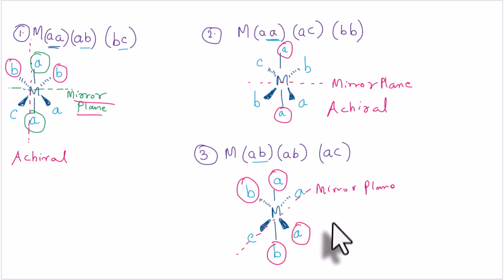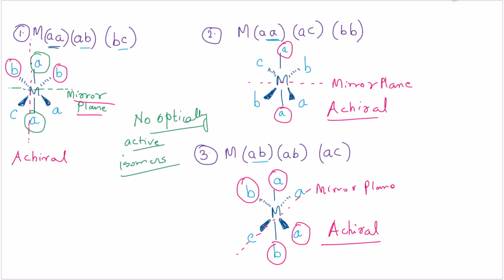So this molecule is also achiral because it has a plane of symmetry. All three isomers have a plane of symmetry and all three are achiral. That means there are no optically active isomers, and that is why this complex will show only 3 geometrical isomers.